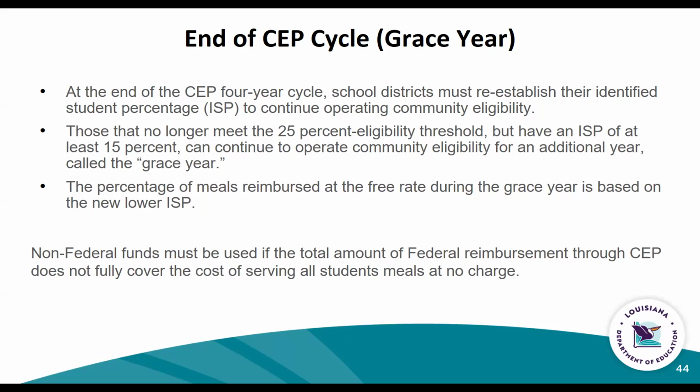Therefore, if a system cluster in year 4 has an ISP of 19%, they could continue a grace year at 30.4% free claiming and 69.6% paid claiming. Note, non-federal funds are necessary if the total amount of federal reimbursement through CEP does not fully cover the cost of serving all student meals at no charge.